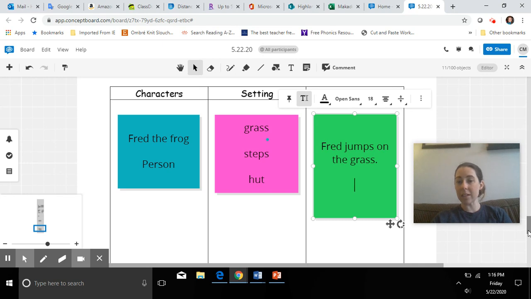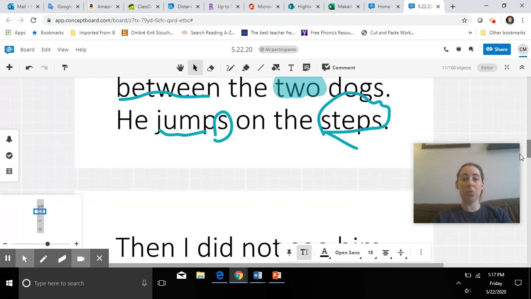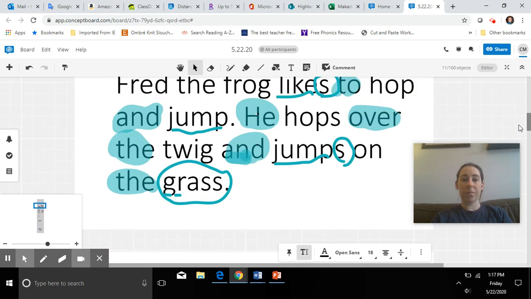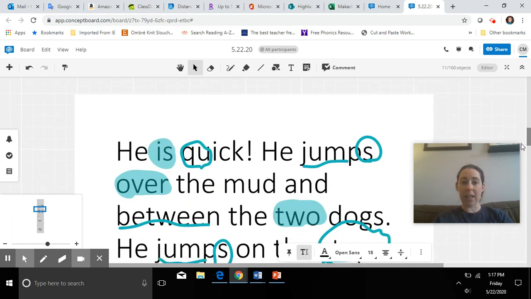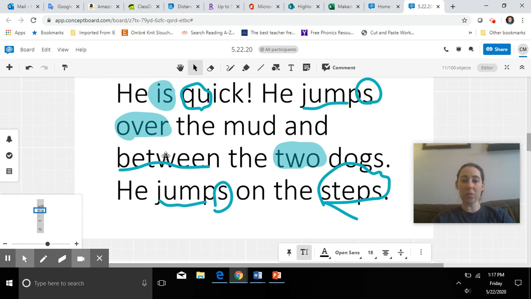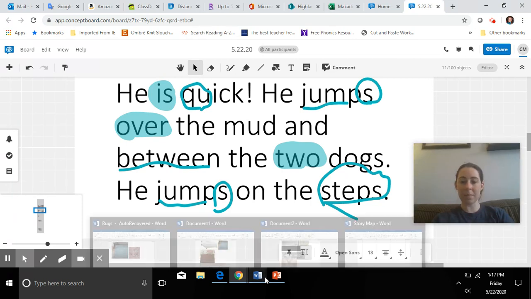Let me go back to the story so I can prove my answer. Okay, so here he was on the grass, and then he jumps over the mud between two dogs. He jumps on the, that's right, on the steps.